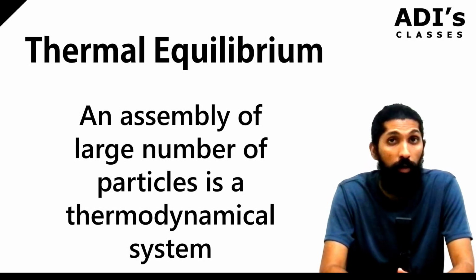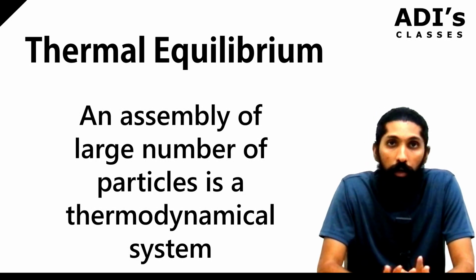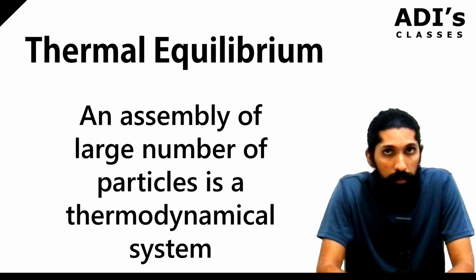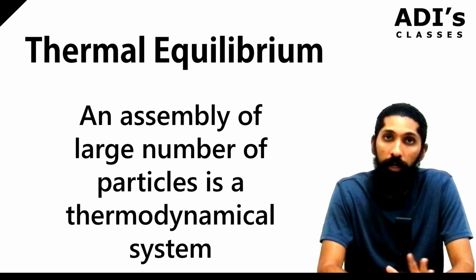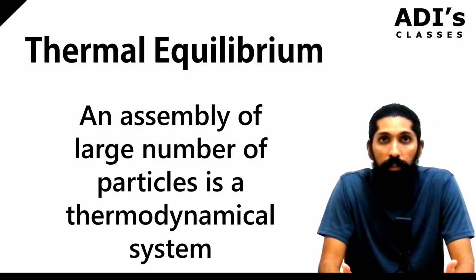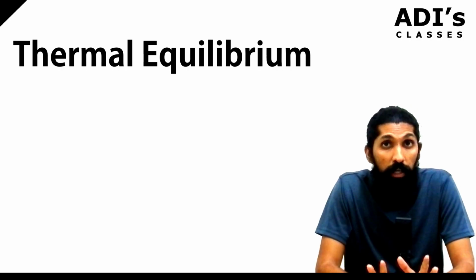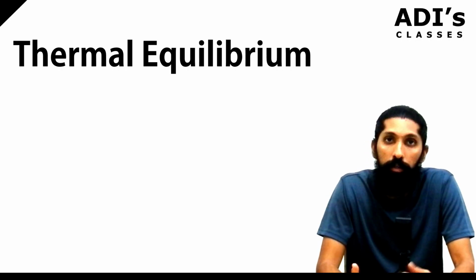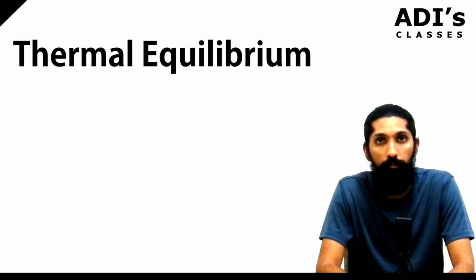Now, here we are talking about thermal equilibrium between the two systems, isn't it? Look at this particular figure. You have A and you have B. If you look at A, you can see that there are more particles compared to B. That means A has one particular temperature, B has another particular temperature.